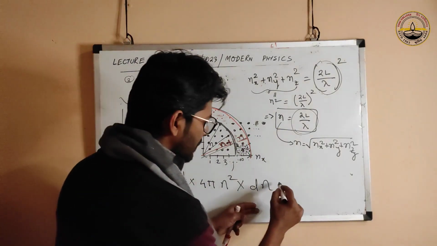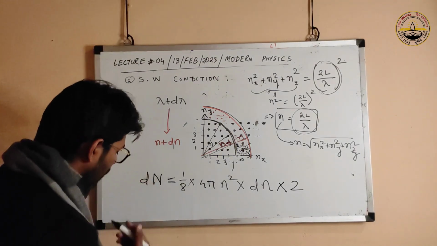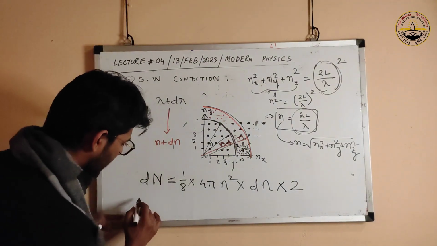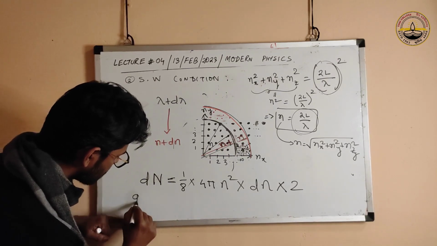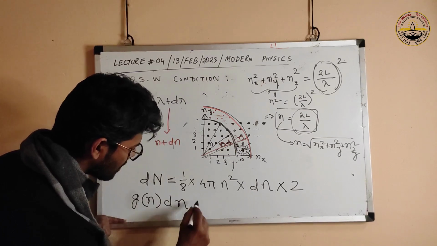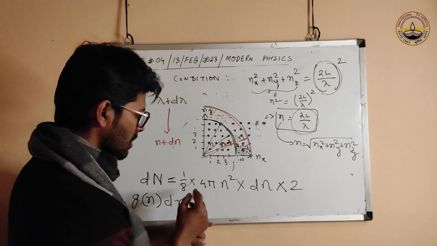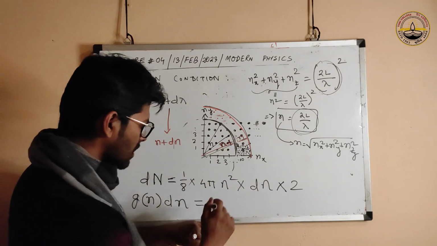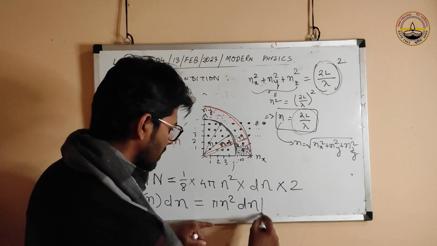So actually that number gets doubled. And we denote this number by G n dn, equal to, so 8 and 8 gone, pi n square dn. Done.